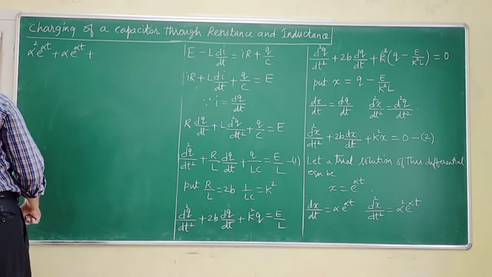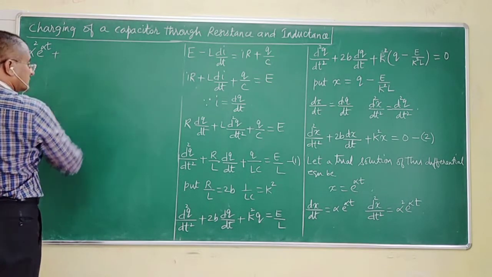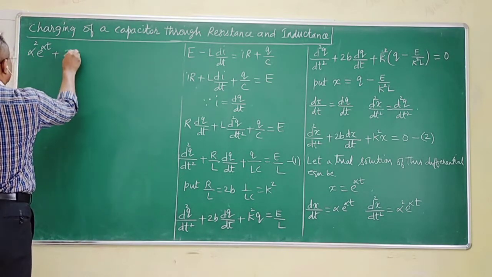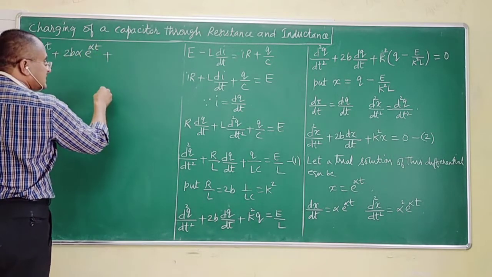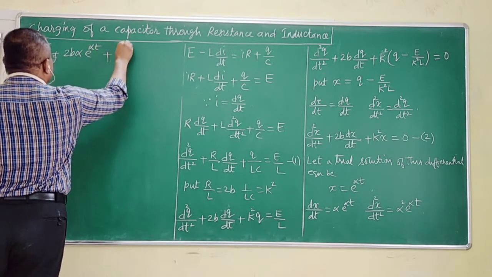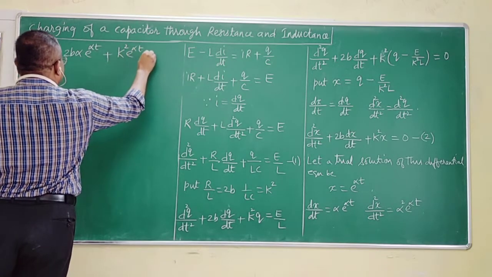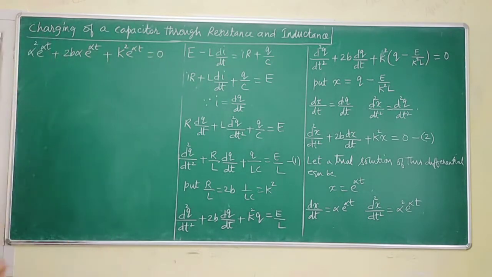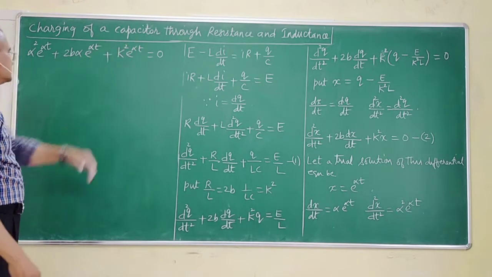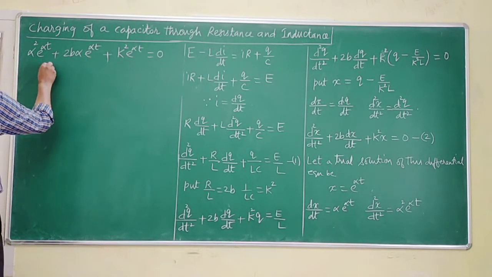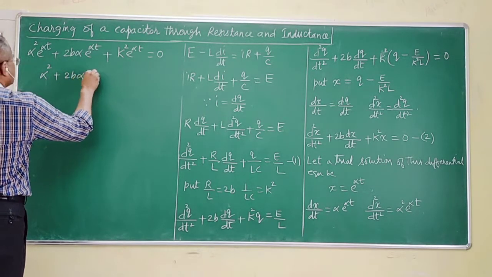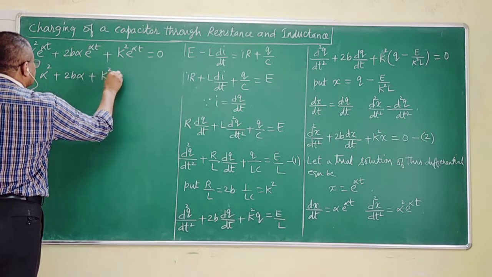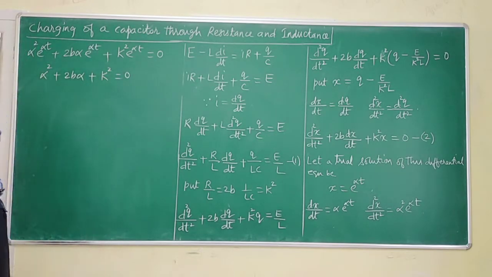Am I right? 2b alpha e power alpha t plus k square e power alpha t is equal to 0. You can see e power alpha t is common, therefore the expression becomes alpha square plus 2b alpha plus k square is equal to 0.